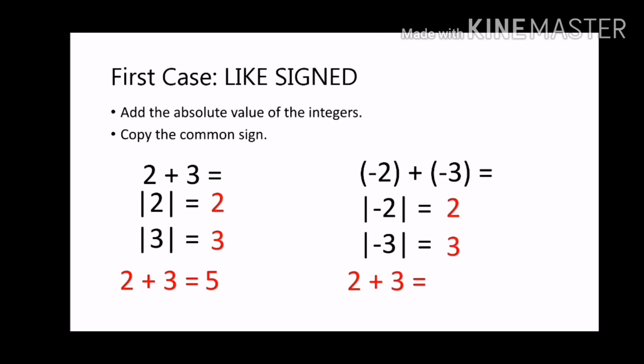Getting the sum of these two, that is 5. Now, following the second step, copying the common sign. For the first example, 2 plus 3 is equal to positive 5. While for the second example, negative 2 plus negative 3 is equal to negative 5, since the common sign between the two integers is negative.